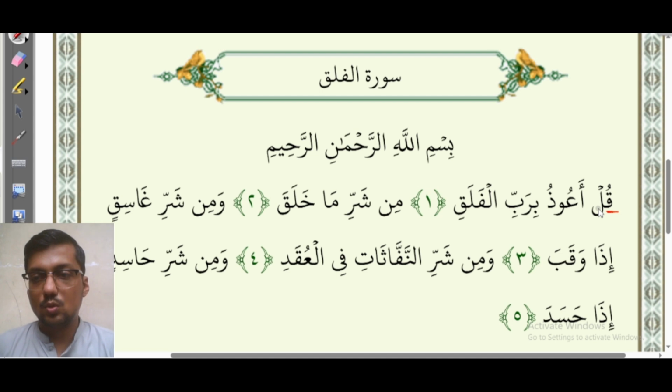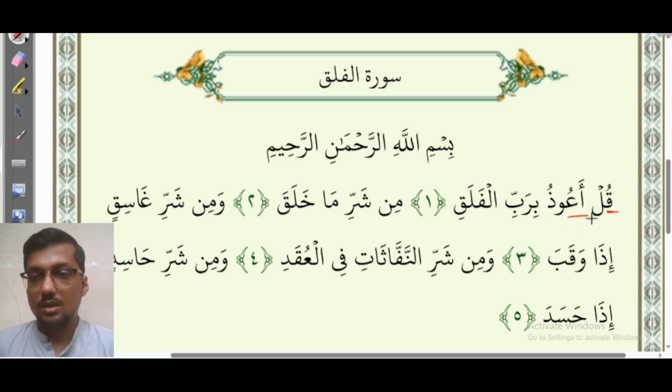Next thing we have to focus on is these two letters, Hamza and Ain. As the majority of people mix these two letters with each other, we have to be very careful here. Hamza has a different sound and Ain has a different sound. Although both sound similar, they actually have different sounds.